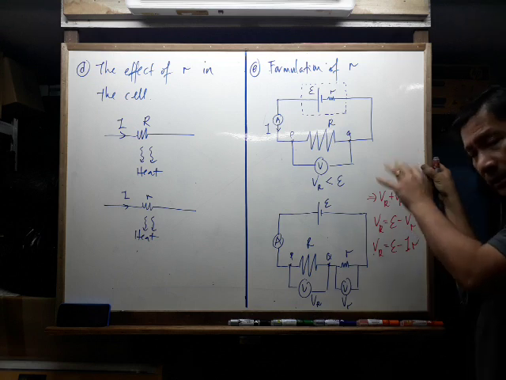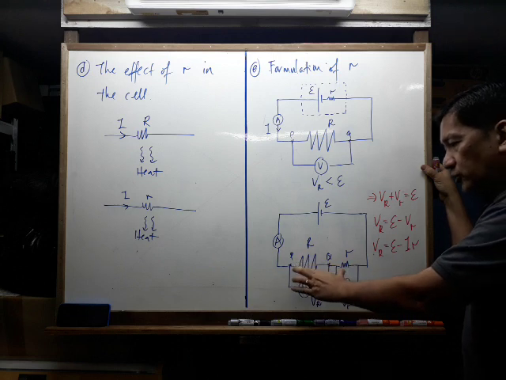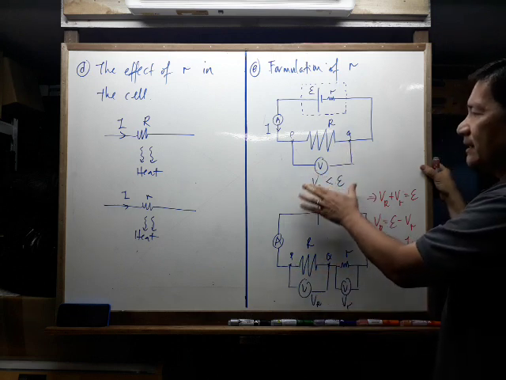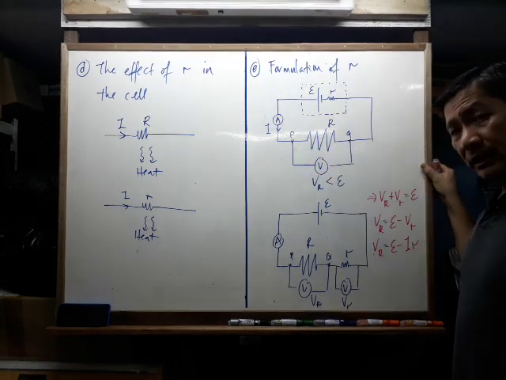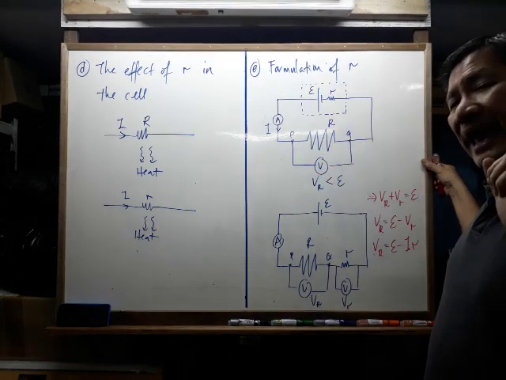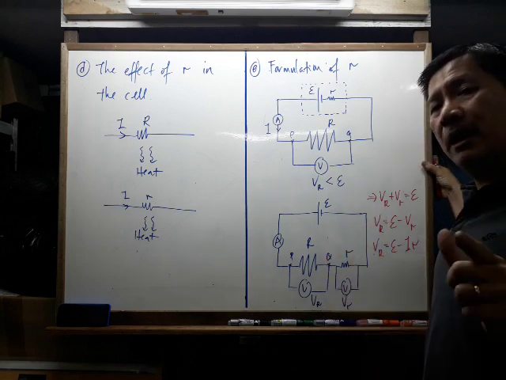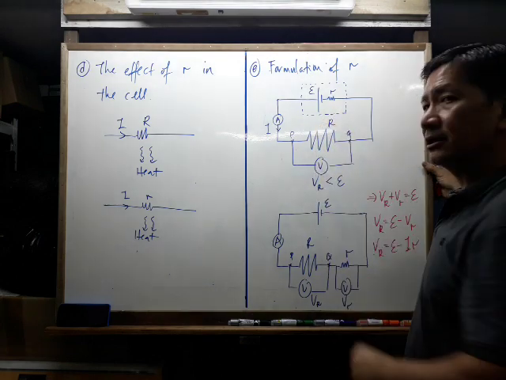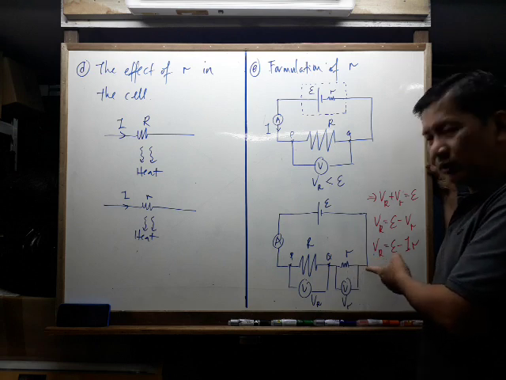The higher the current, the larger the drop in the voltage across your external device. So that's why we can never get the voltage reading to be exactly the same as the battery reading. Conclusion is you cannot actually use a voltmeter to measure the EMF of the cell. The fact is because the cell has internal resistance that we cannot get rid of, except theoretically.